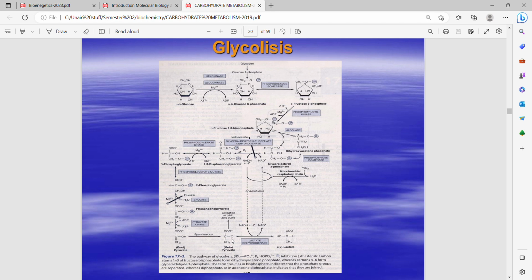Okay. So actually the NADH here, you see, accepts the hydrogen to create a free space for the phosphate group. So it becomes NADH from NAD.